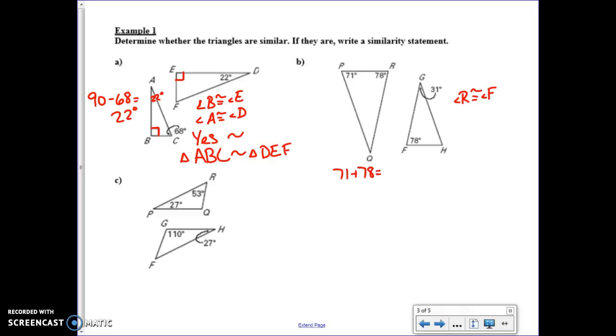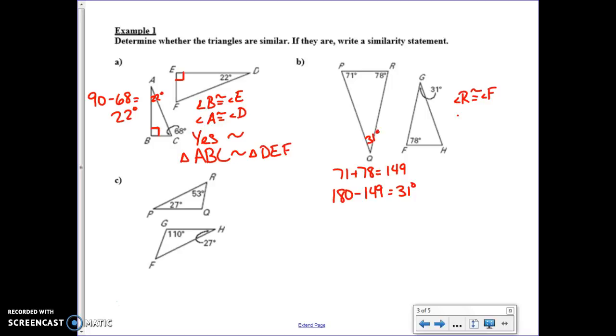That should give me 149 degrees. So if that's 149, then I can do 180 minus 149, and I get 31 degrees. So that means that angle Q down here is 31 degrees.